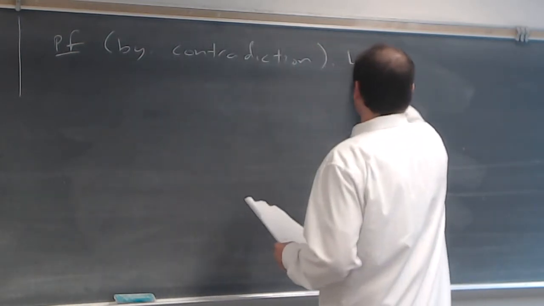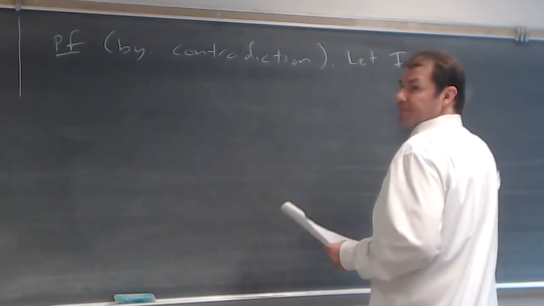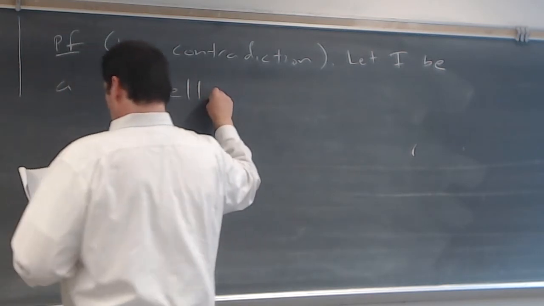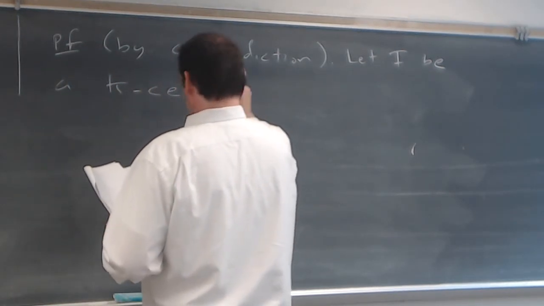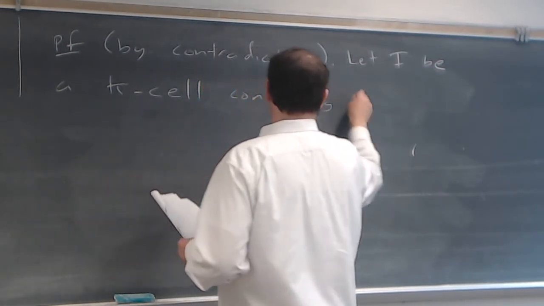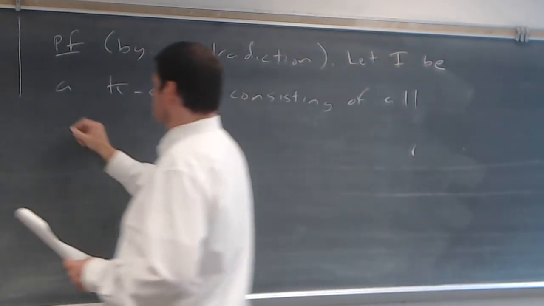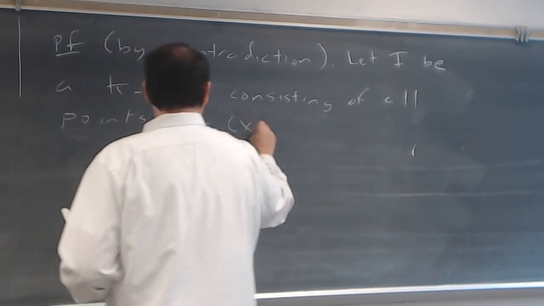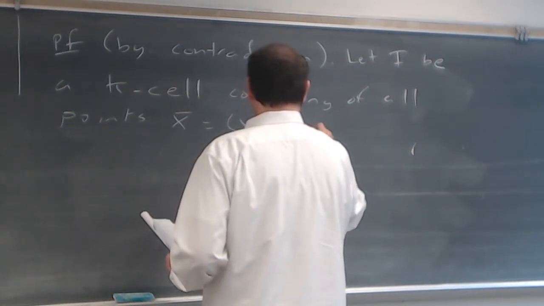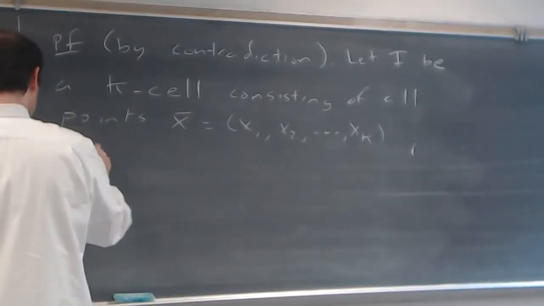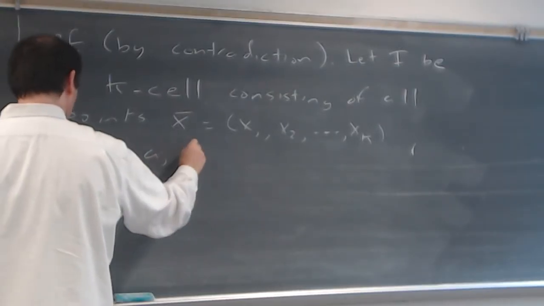So we start off by letting I be a K cell, consisting of all points X bar equal to x1, x2, up to xk, where each coordinate has to satisfy being in between some numbers.